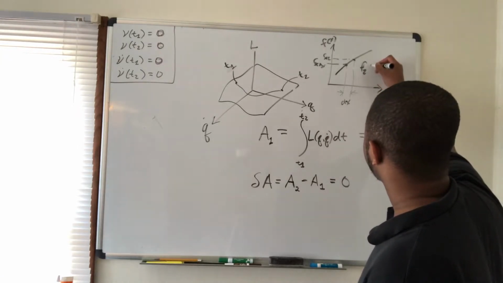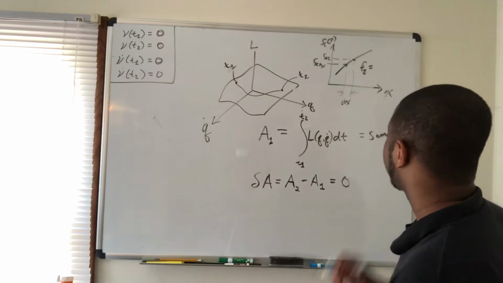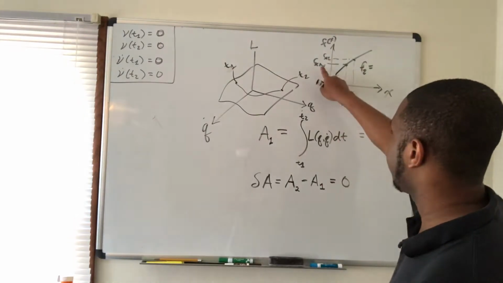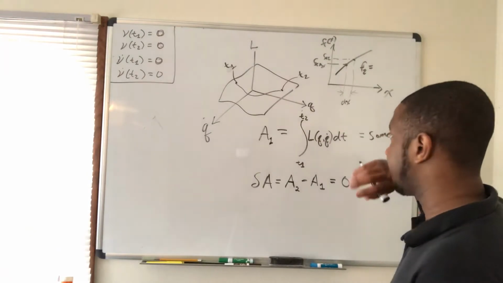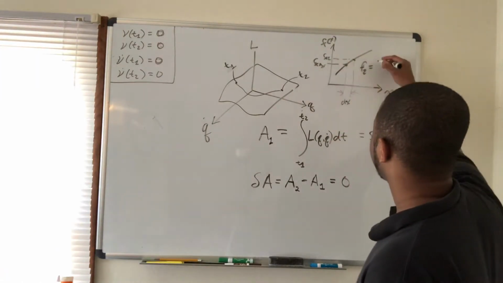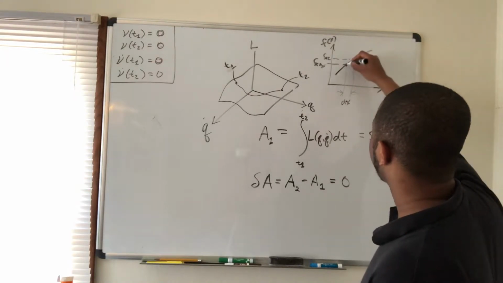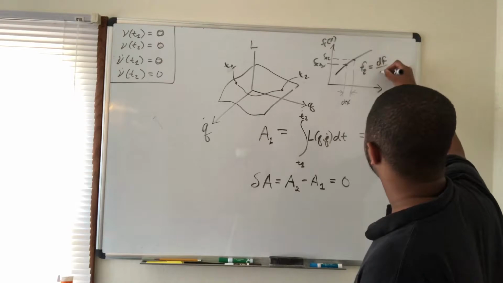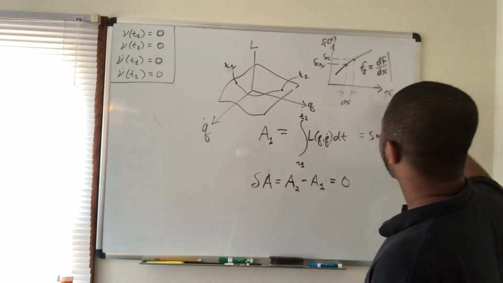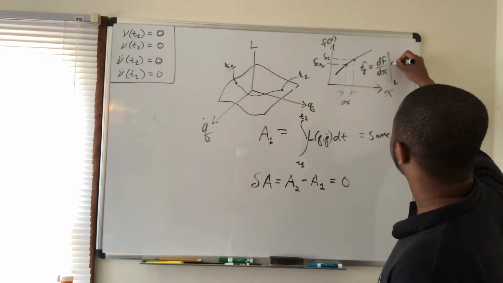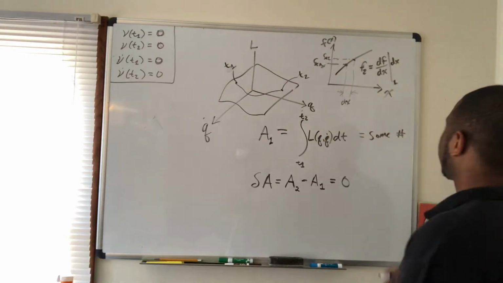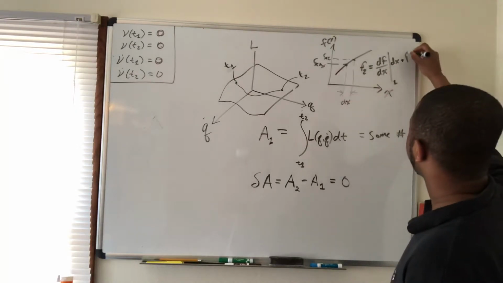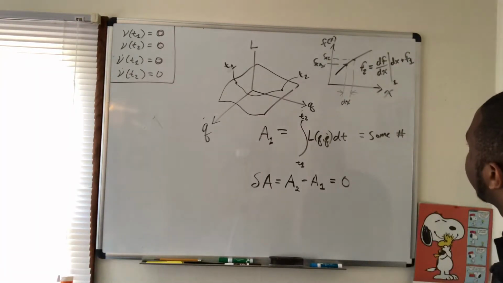Well, we know that F2 is simply, this is a first order approximation, meaning if you take the Taylor series of this, you'll have some higher order terms, but when dealing with first order approximation, you can say that F2 would be df over dx, the slope, right, at that point 1 times the change, dx, plus where it started from, F1, right? So let's see, it's not too bad.